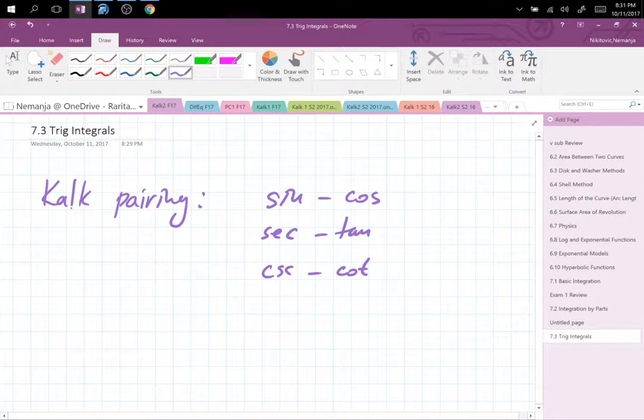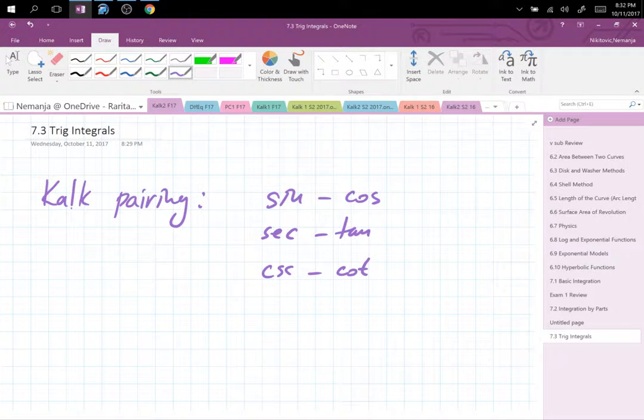That is extremely important because you are not going to have a problem that will say sine cotangent. You will convert the cotangent into cosine over sine and then deal with that. So you need to know trig pairing.